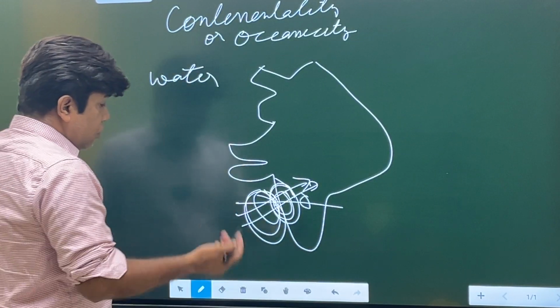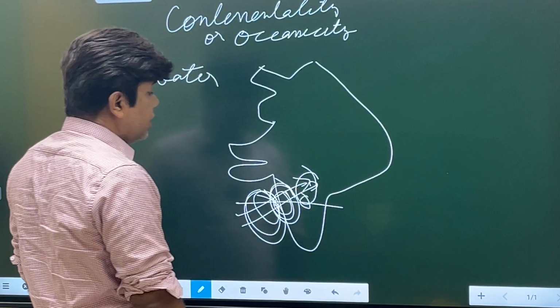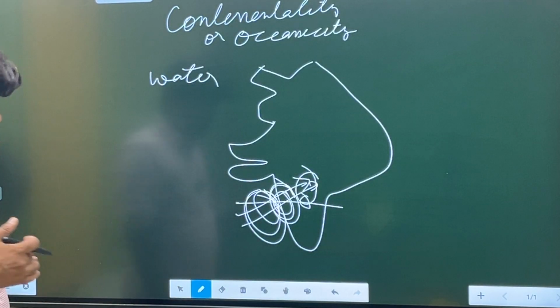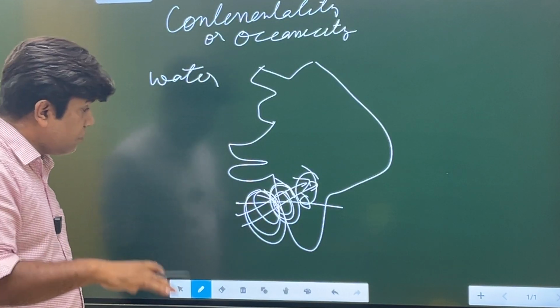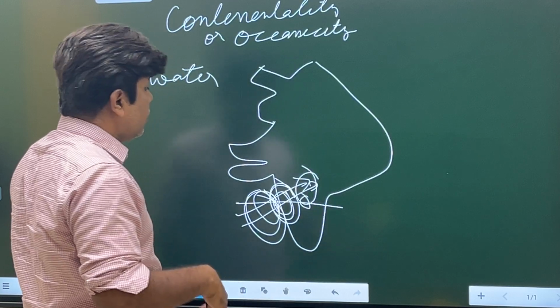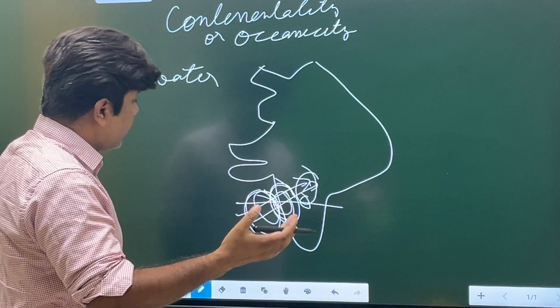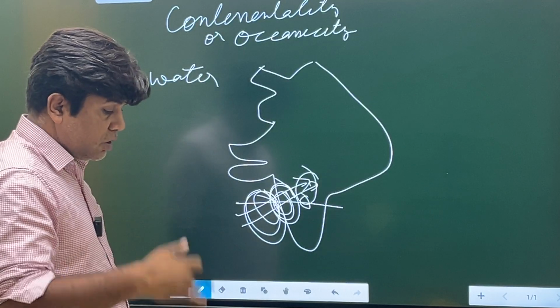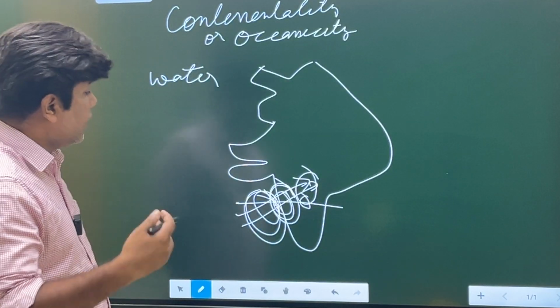All those areas situated in the interior part of the continent have a greater temperature range, because during the summertime their temperature goes up very high, and in the winter season they also have a very low temperature.